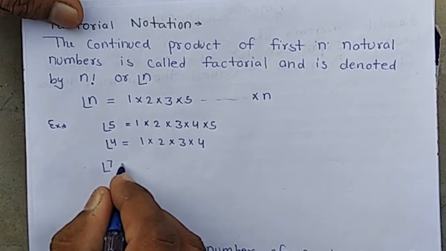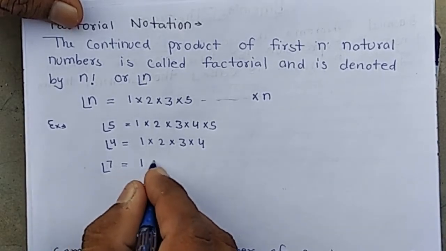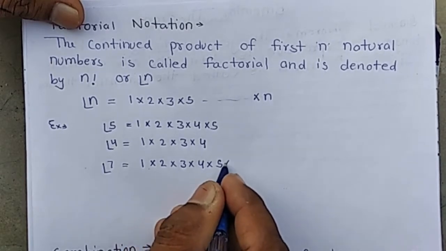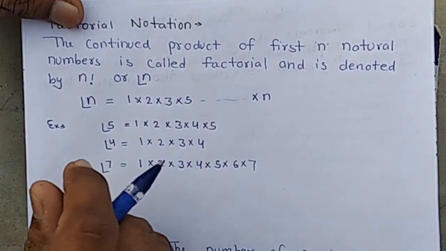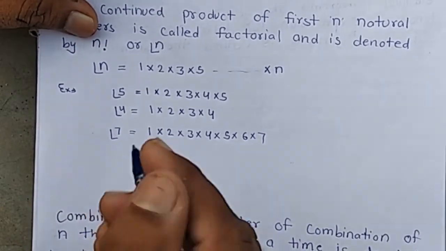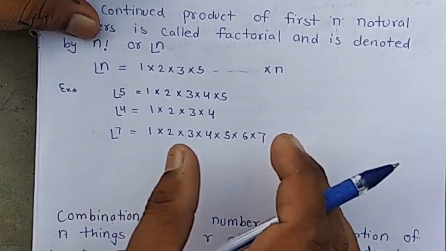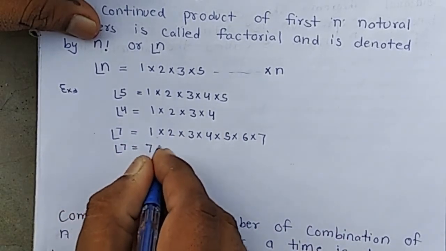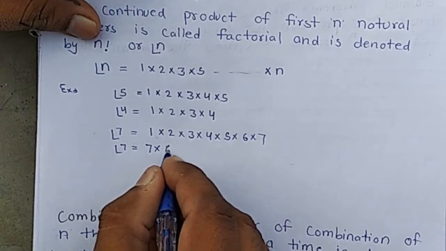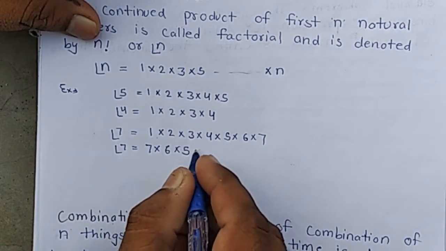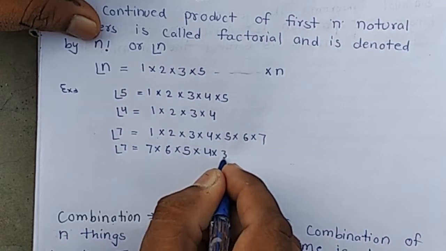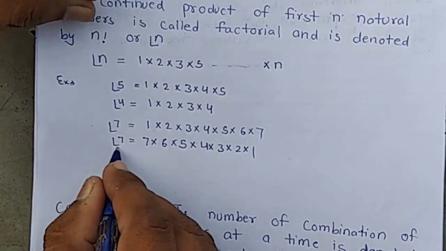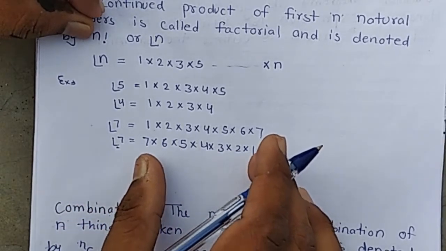Factorial 7 equals 1 into 2 into 3 into 4 into 5 into 6 into 7. We can also write this in this form: 7 into 6 into 5 into 4 into 3 into 2 into 1. Means factorial 7 can be written as this term.